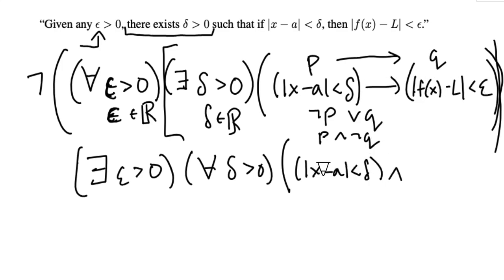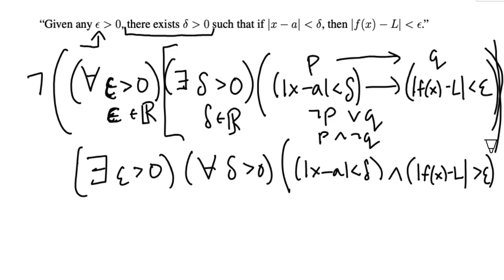In the calculus interpretation, x is within delta of a, but f of x is not so close to what we want it to be getting close to in a limit. So we write the negation: absolute value of f of x minus L is greater than epsilon.